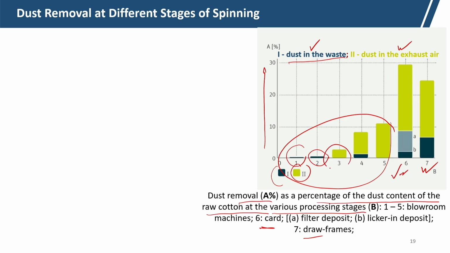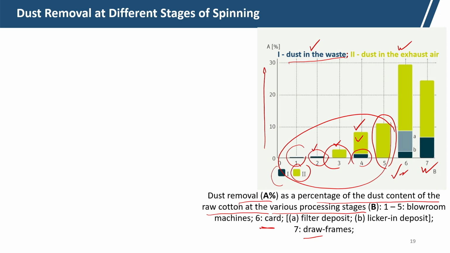If you see the third blow room line, third beater, here the majority is coming through the exhaust air during the opening action, it comes to the air, and then here also some portion is waste dust and the majority is in the air, and in the fifth line it is 100% going to the exhaust air. So, it is a fine dust. So, fine dust goes in the exhaust air.